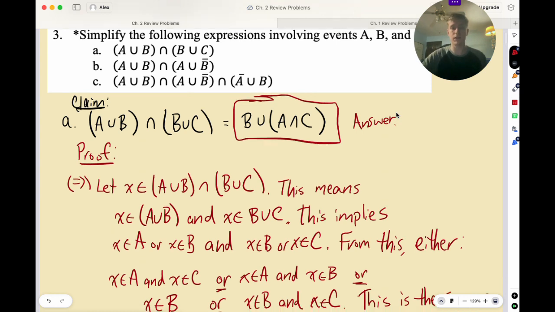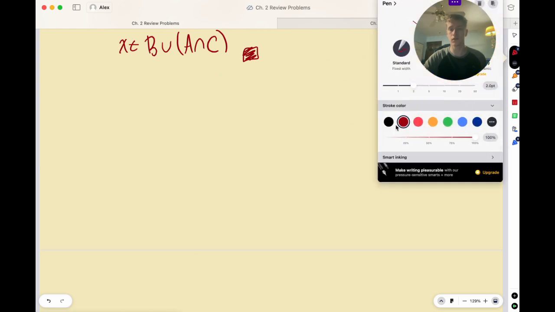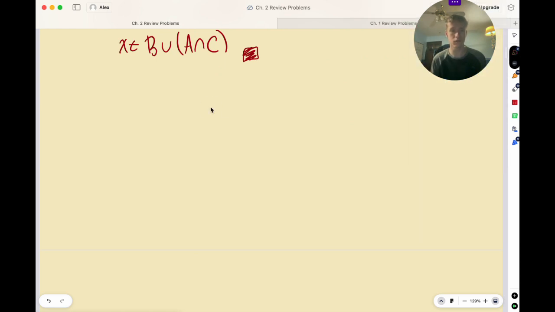All right, so let's do the same thing on part B. So part B asks to simplify this set. We have (A union B) intersect (A union B complement). Equivalently, we can kind of factor the A out in a sense.